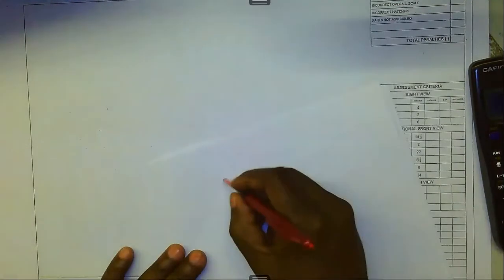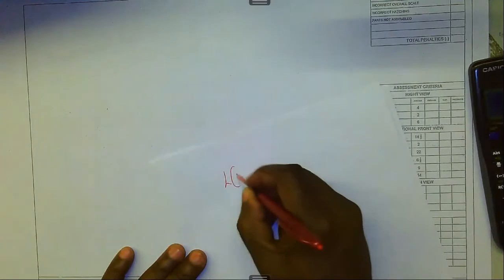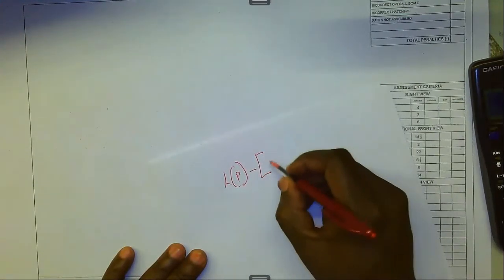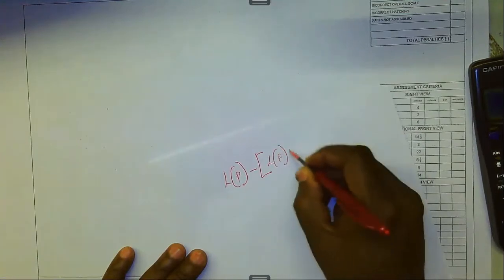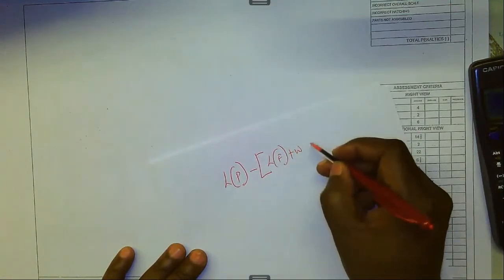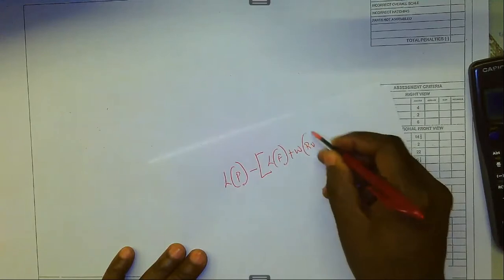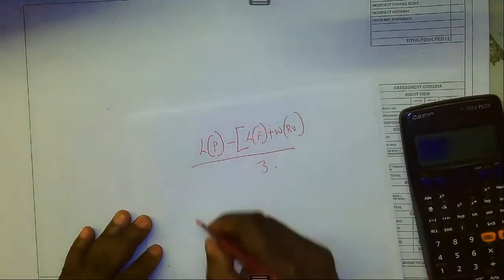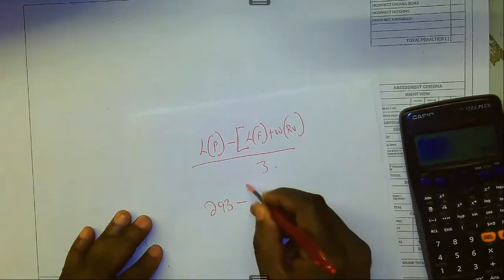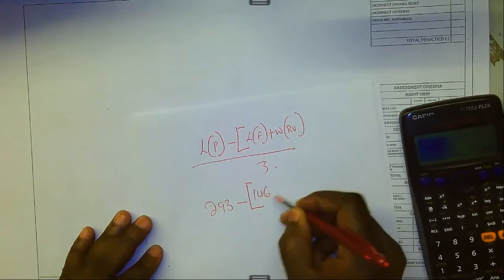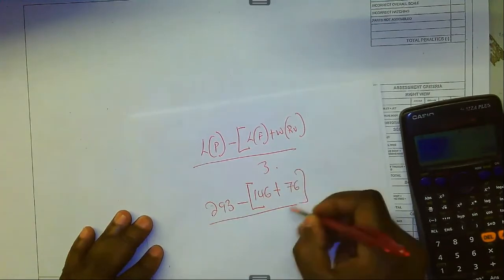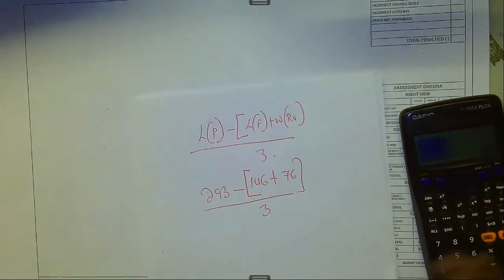So what we are going to do with regards to that is say length of paper minus the length of the front view plus the width of the right view, everything divided by 3. So 293 minus 146 plus width, which we said is 76, everything divided by 3.